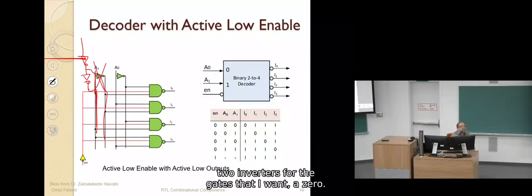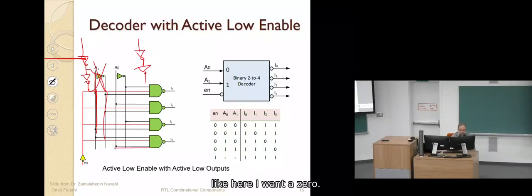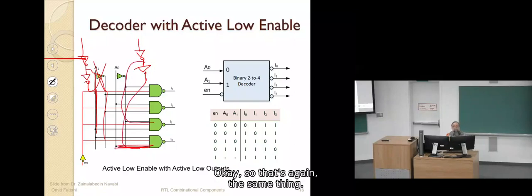For the gates that I want A0, for A0 also, I put 2 nodes. For the positions that I want A0, like here, I get it from here. Okay? So that's again the same thing.